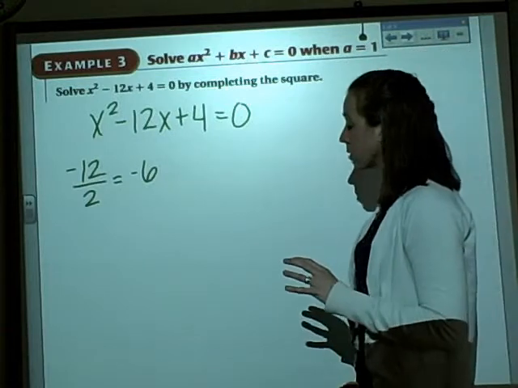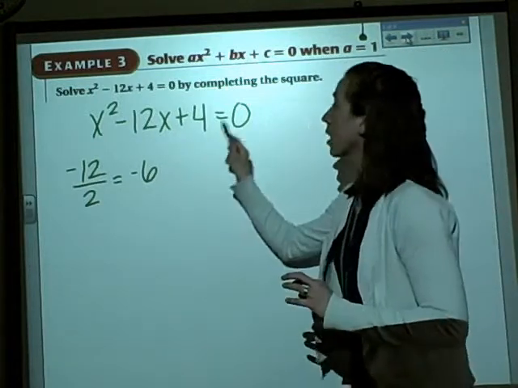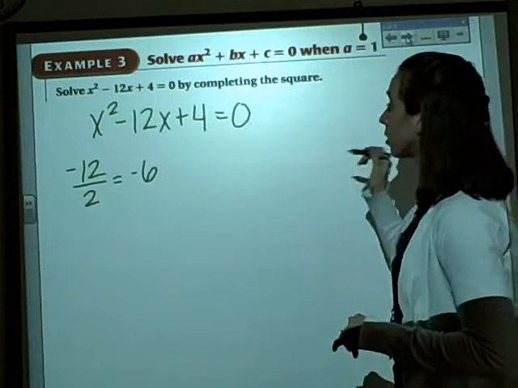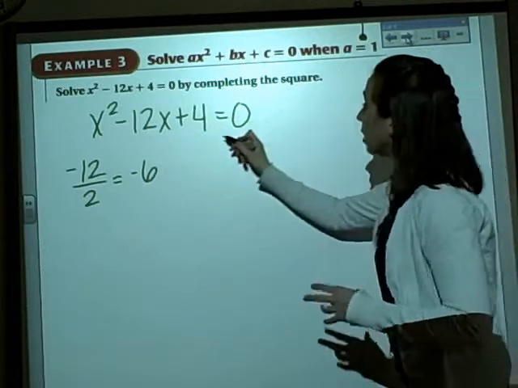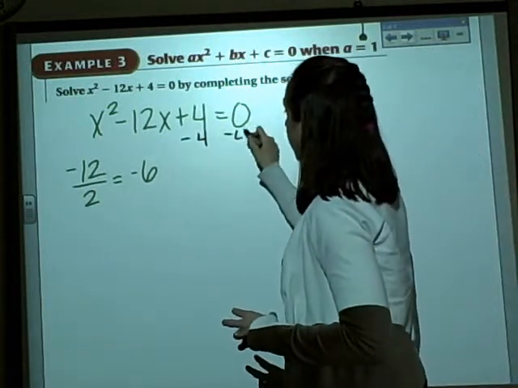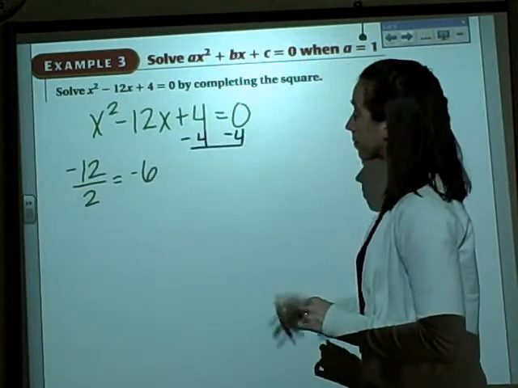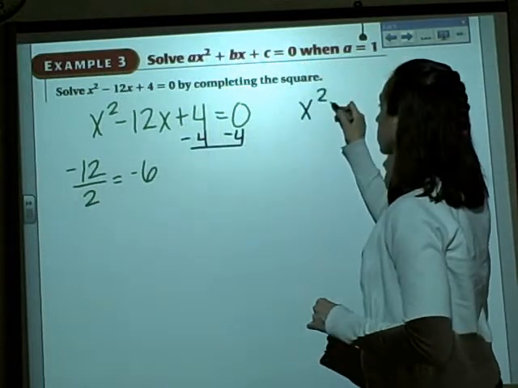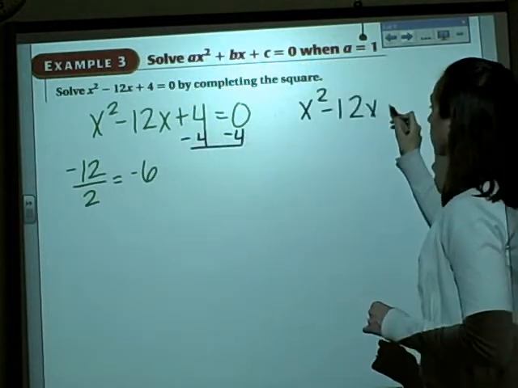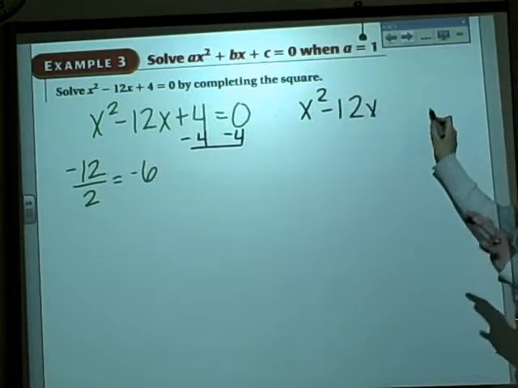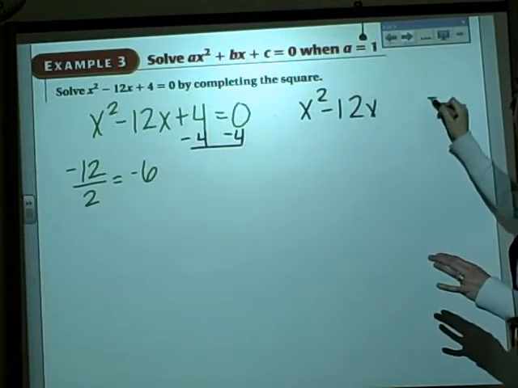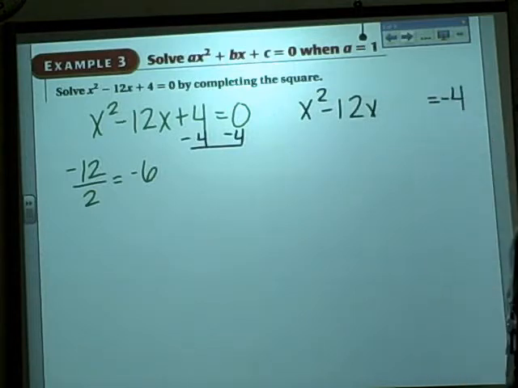So what we need to do is we want to move this 4 out of the way in order to complete that square. So in order to move it, we would subtract 4 from both sides. So we are left with x squared minus 12x, and we're going to leave a space for the correct number that will complete the square, equals negative 4.